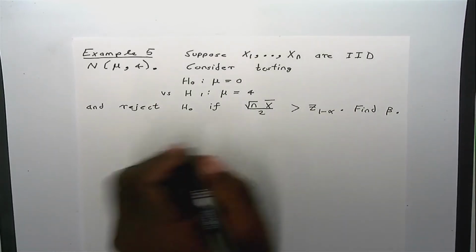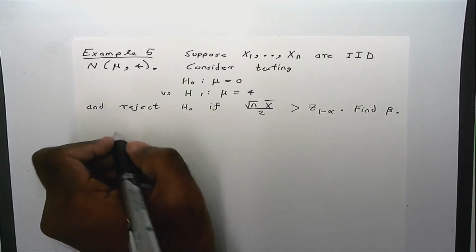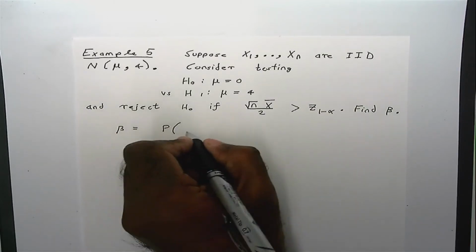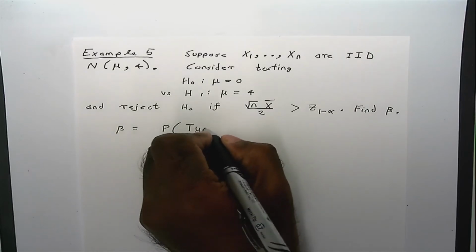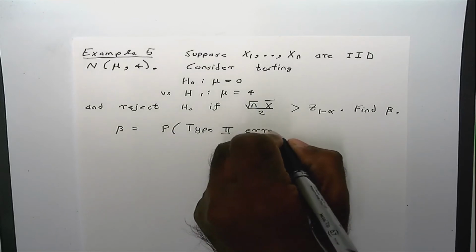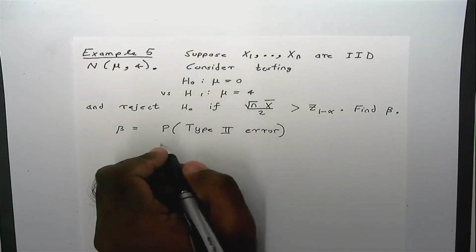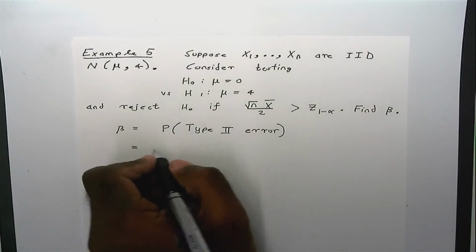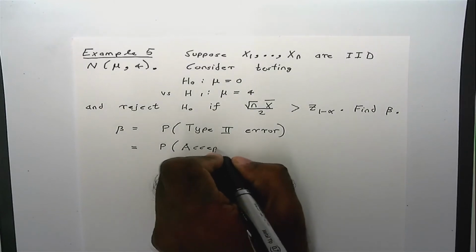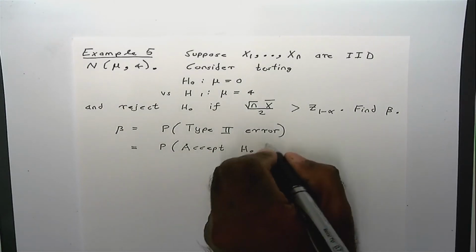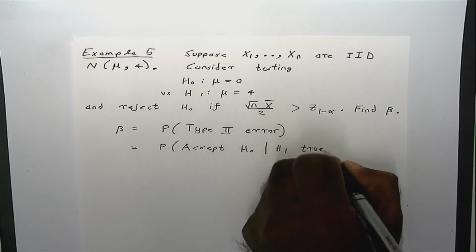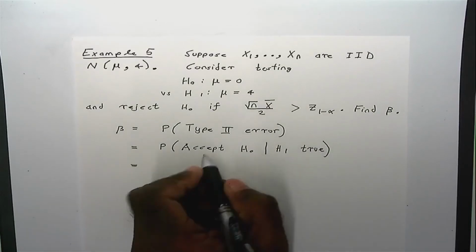So this is similar to one of the previous examples I did. So beta is the type 2 error, which is the probability of accepting H0 when H1 is true. Alright, so now accept is the opposite of rejecting.